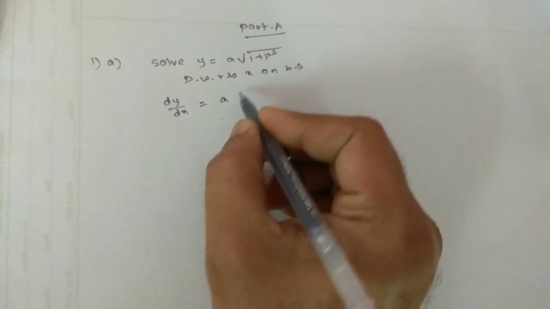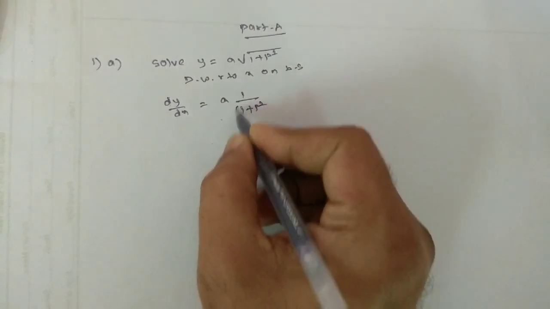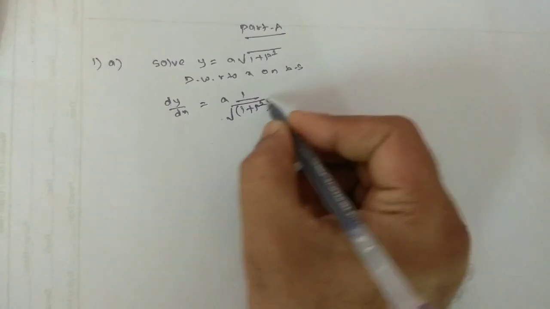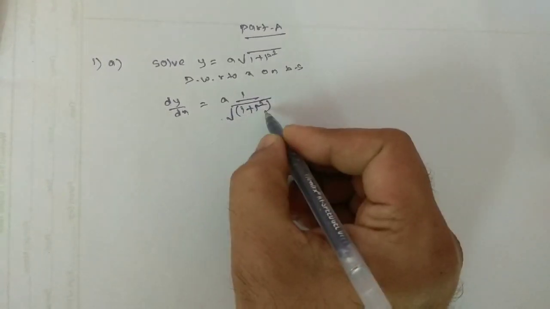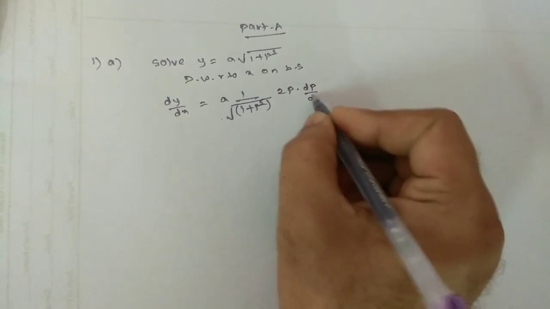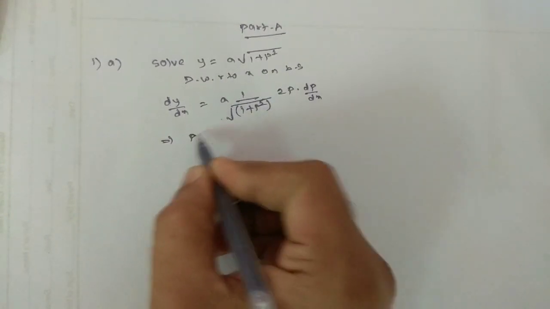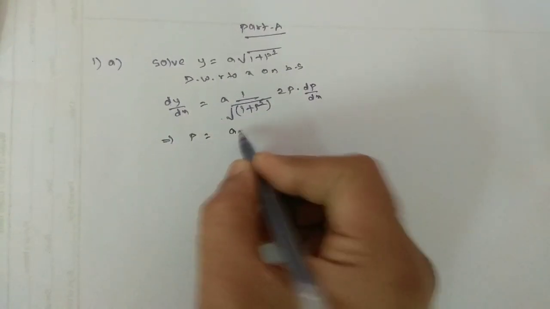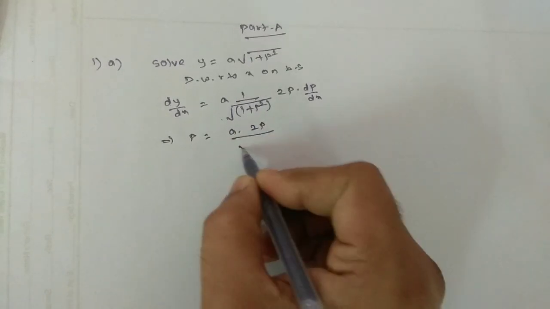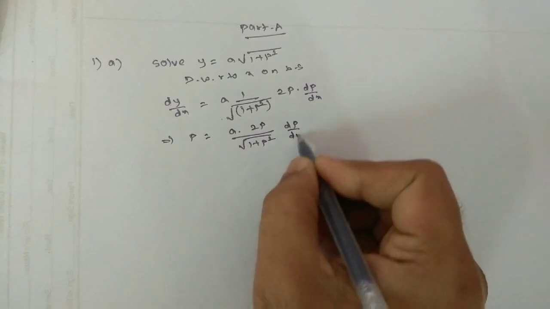On simplification, you will get 1 divided by under root of 1 plus p square, and again the internal derivative, which is 2p into dp by dx. So dy by dx, which is p, equals a into 2p divided by root of 1 plus p square, of dp by dx.